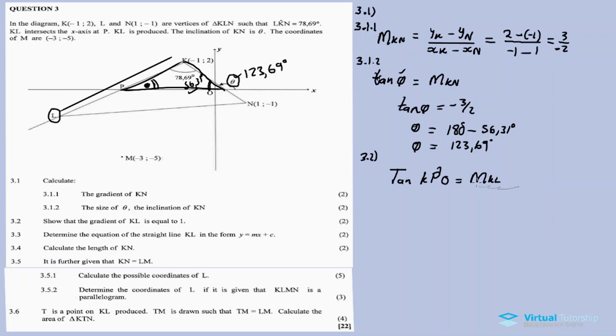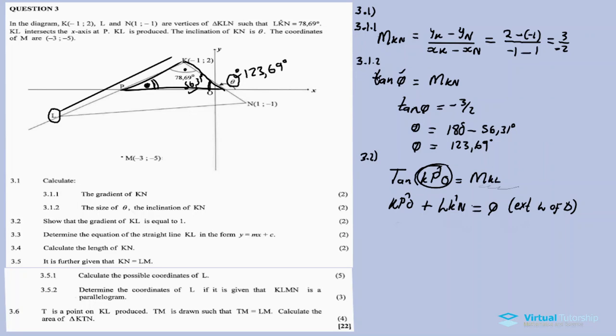I calculate it using the external angle of a triangle: KPO plus LKN is equal to theta, the external angle.